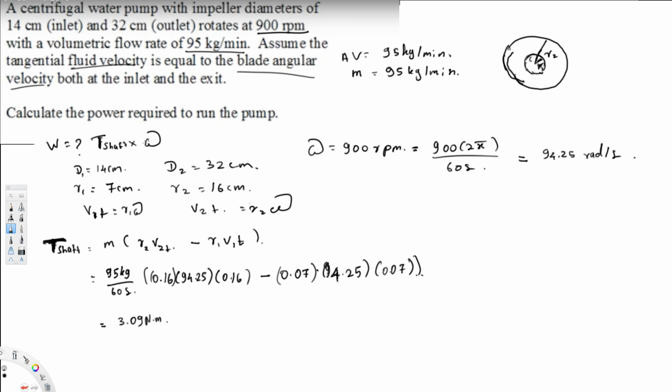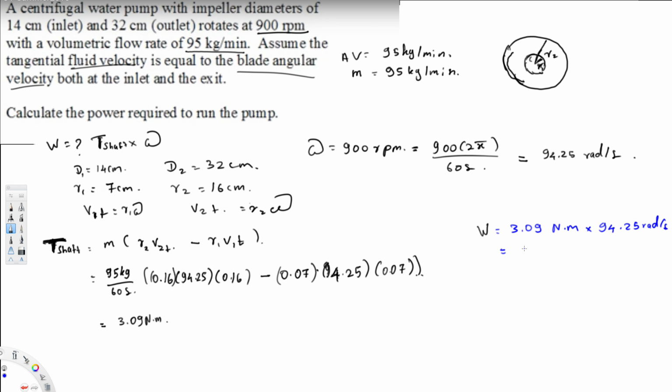The torque of the shaft multiplied by the angular rotational speed is going to give us the power. So let's calculate the power. We have the T shaft right now: 3.09 Newton meter multiplied by this angular rotational speed, 94.25 radians per second.